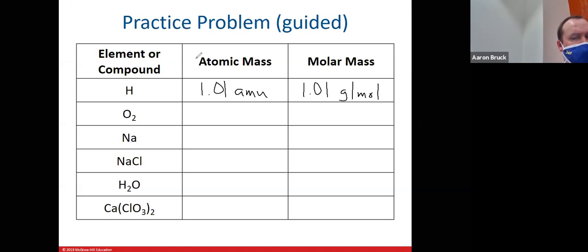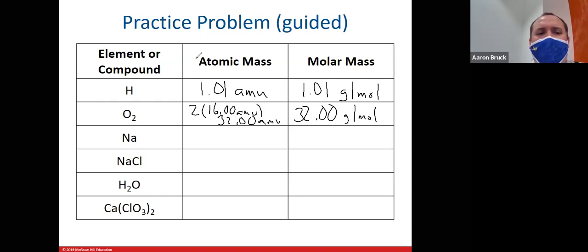For oxygen, each oxygen atom weighs 16 AMUs. So the total atomic mass of an oxygen molecule would be 32.00 AMUs. In molar mass terms, it would be 32.00 grams per mole.